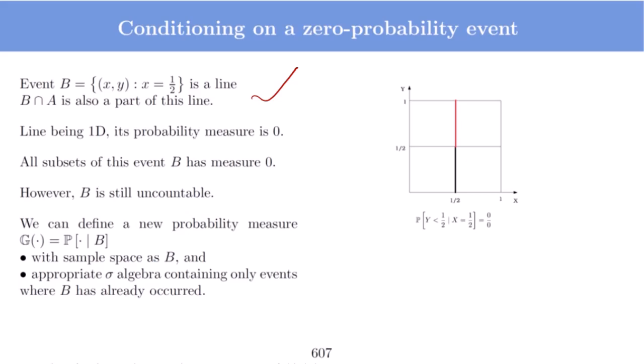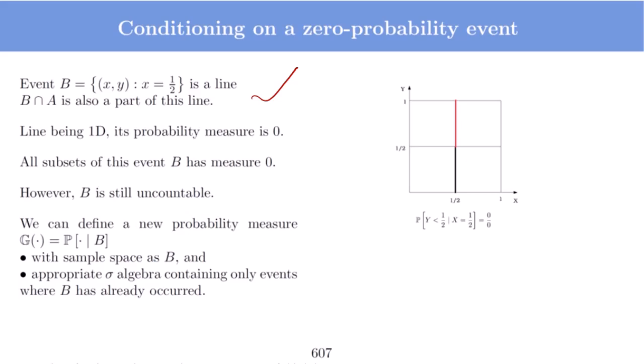And when B has occurred, then B is the complete sample space. So the probability of B should be equal to 1 in the relative case. So you try to redefine your probability measure such that the occurrence of B has probability 1. Right?